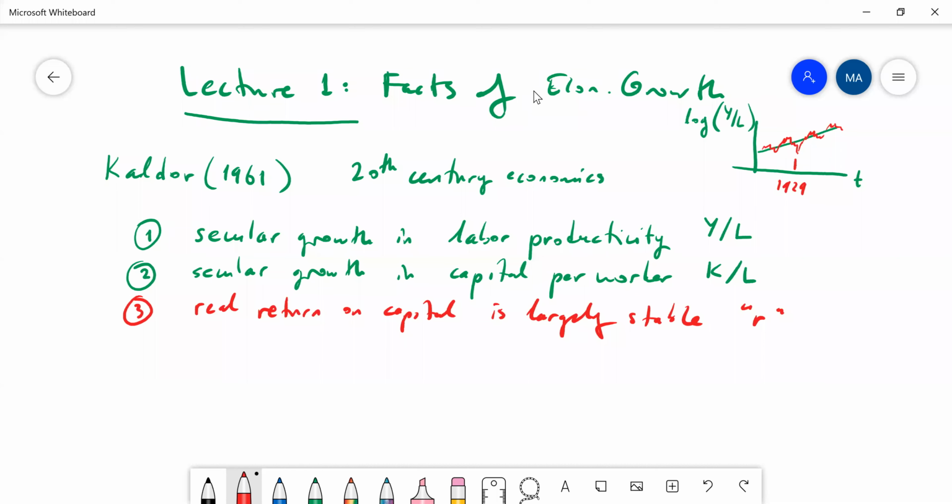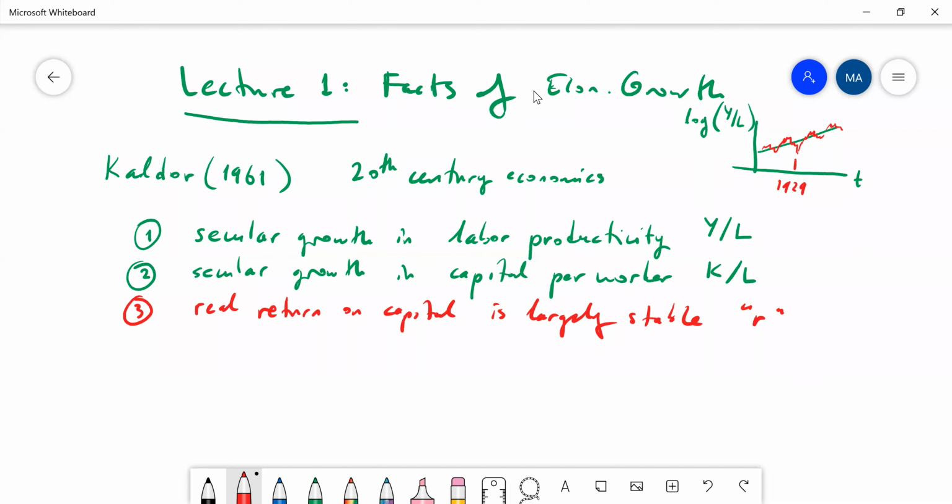And firms will make investment spending by applying for loans from the banking system, and they will pay a particular rate for this loan. So if you take all these into account, if you imagine that there is only one financial asset in the economy, that real return associated with that asset is also largely stable.